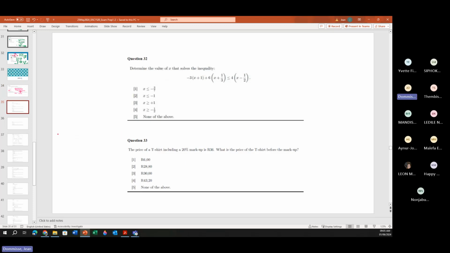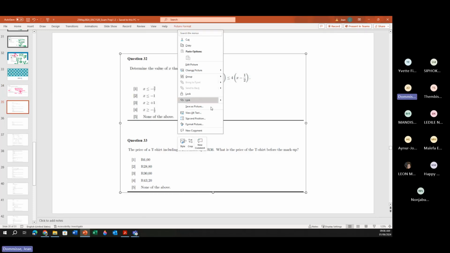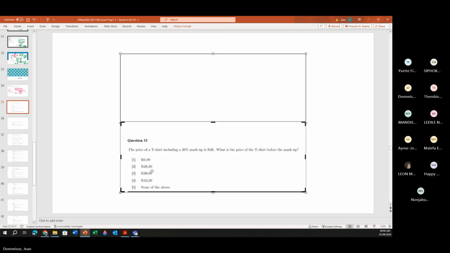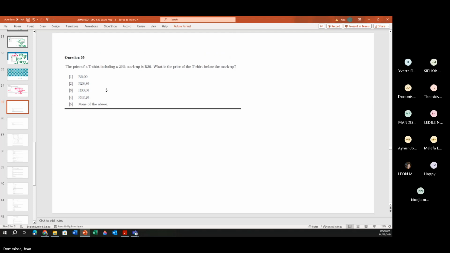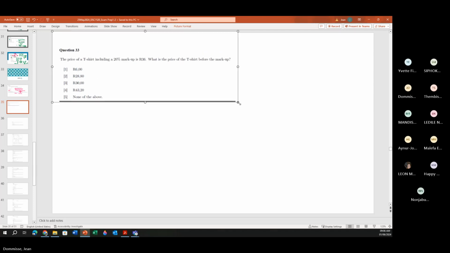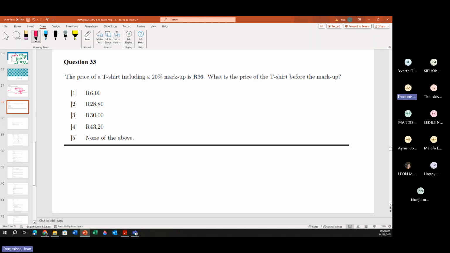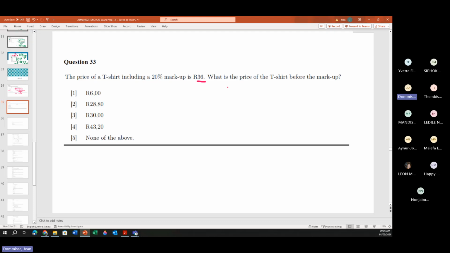Okay, let's do the next one. The price of a t-shirt, including a 20% markup, is 36 Rand. What is the price of a t-shirt before the markup?